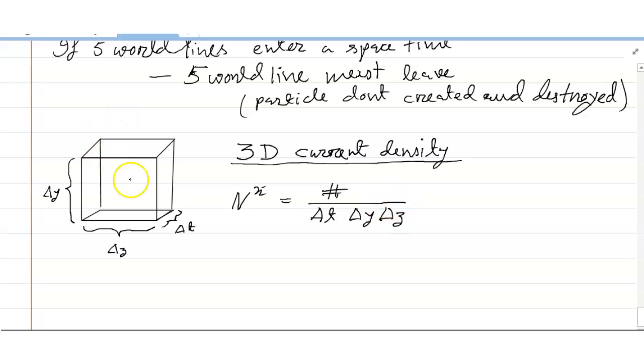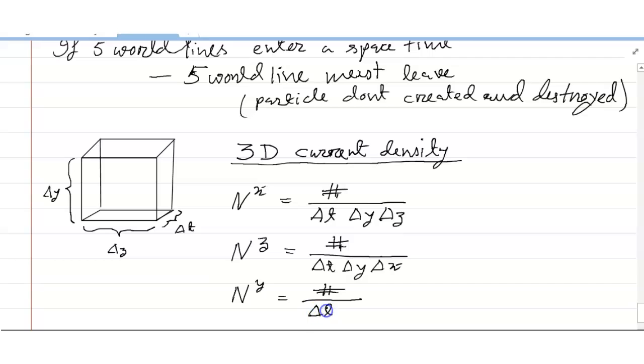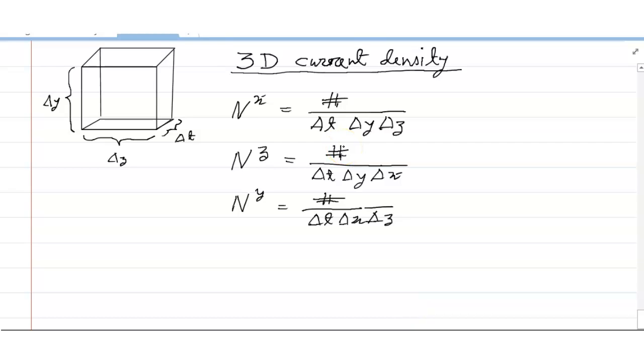And similarly, in the case of nz, it is del t, del y, and del x, and ny is of order del t, del x into del z, sorry, not del y.